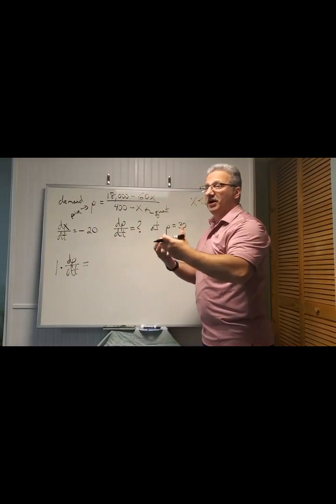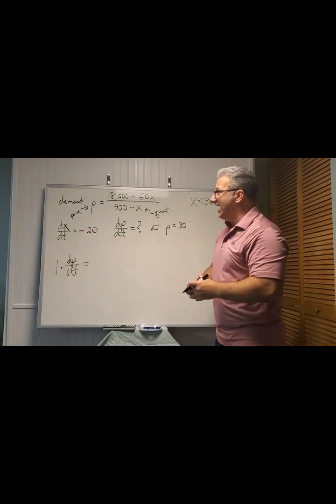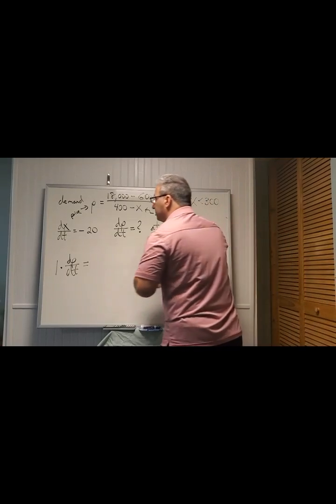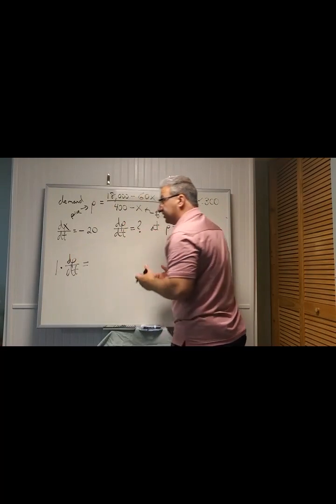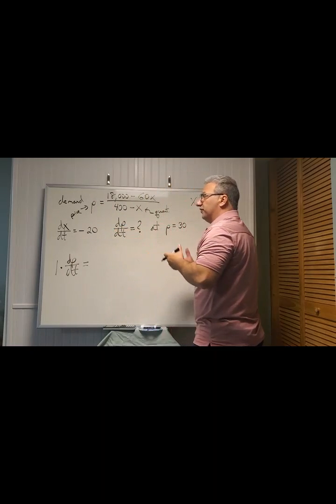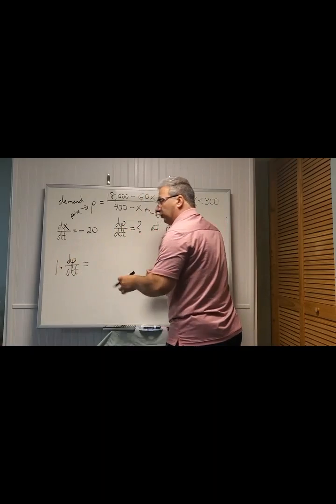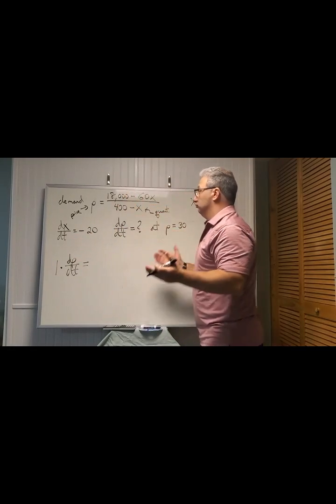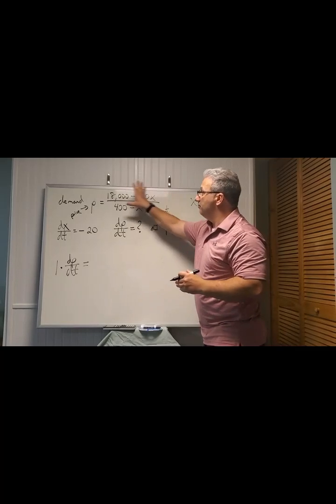Please see a bunch of my other videos on implicit derivatives and other related rates for more examples of this. The derivative of p should be 1 because that's a single variable. But we do not know if p is a function of t, so by the chain rule, we multiply by dP/dt.